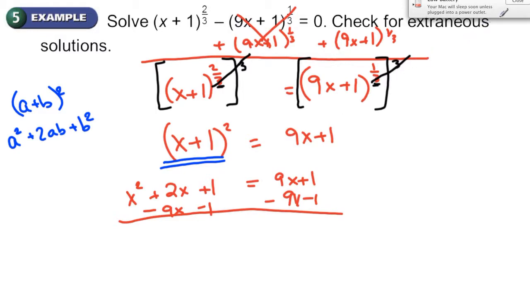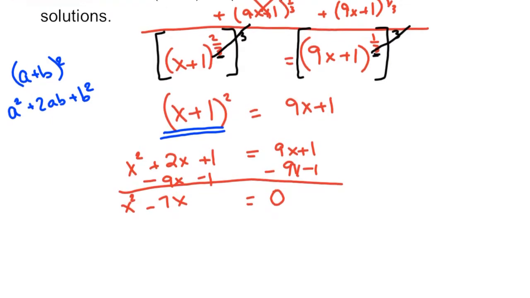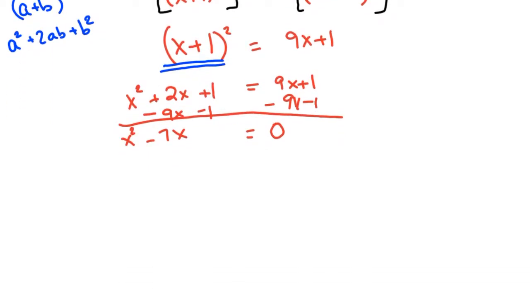I suppose I should hurry because the battery's about ready to die. Okay, so we're going to have x squared. 2x minus 9x is negative 7x. 1 minus 1 cancels out. 9x minus 9x is 0. 1 minus 1 is 0. So now we have x squared minus 7x equals 0.